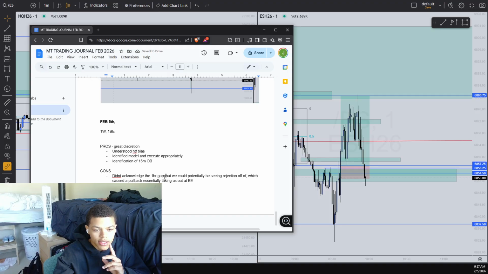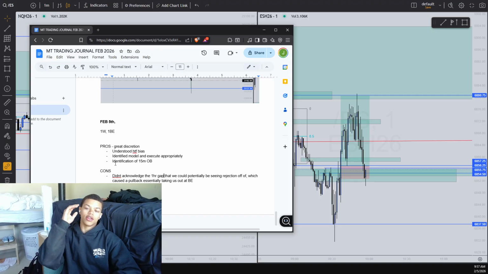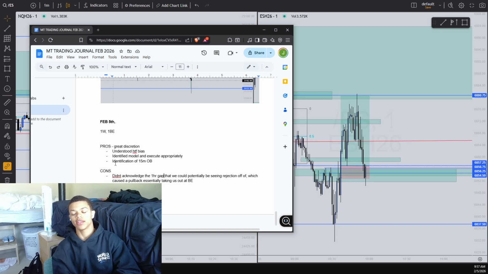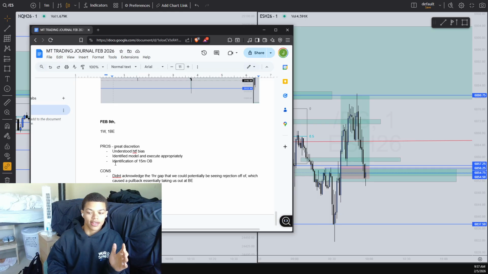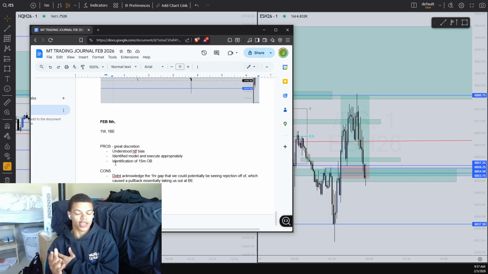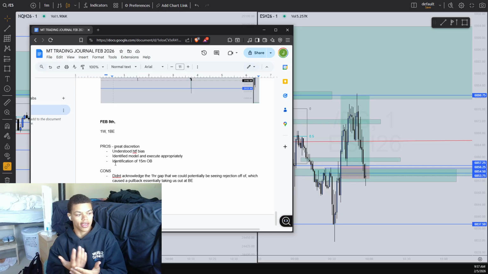And this gap was on NQ. So even though it's not on your index that you're trading, you need to look at ES and NQ, because I say this all the time. You cannot trade NQ and then not trade ES. Vice versa, you cannot trade ES and then not trade NQ. They're correlated indexes.